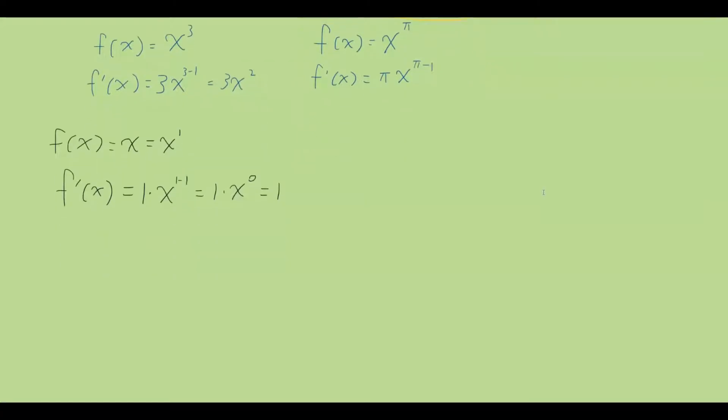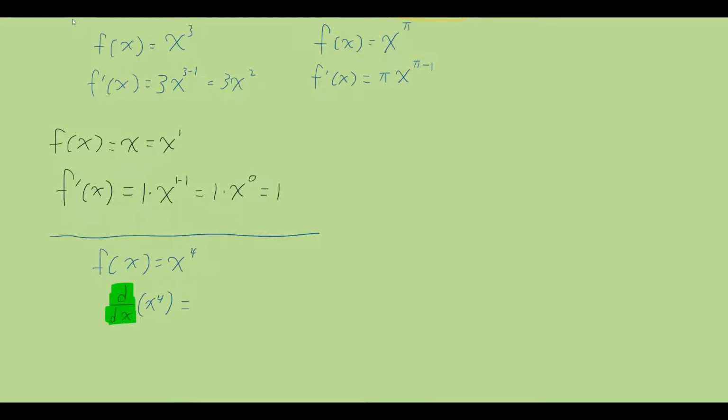Now let's take a look at the same thing, but using a slightly different notation. Let's say f of x is x to the 4th power, and we want to find the derivative d dx of x to the 4th power. Remember this differential notation. It's basically saying that we want to find the derivative of x to the fourth.